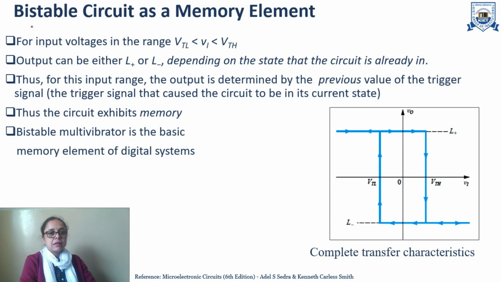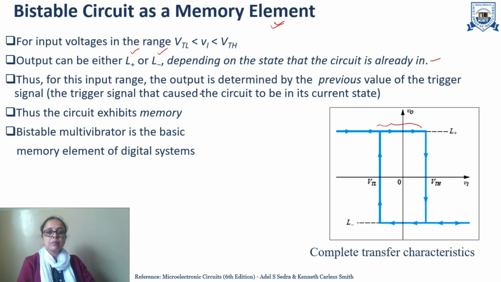Now, the bistable circuit will behave as a memory element also. We can see in this graph, in this range between the lower threshold and the upper threshold, the output will remain constant, and the output can either be L plus or L minus depending on the state that the circuit is already in.